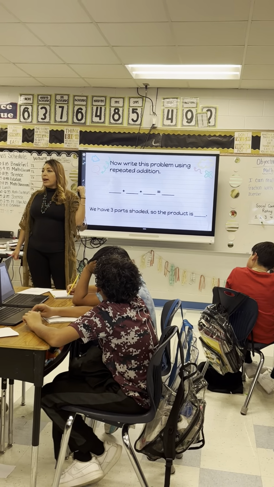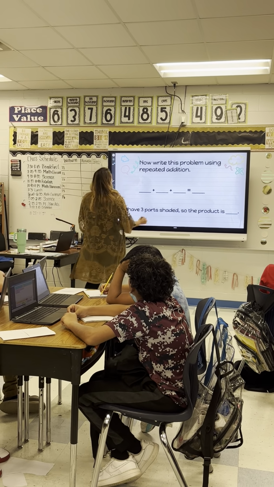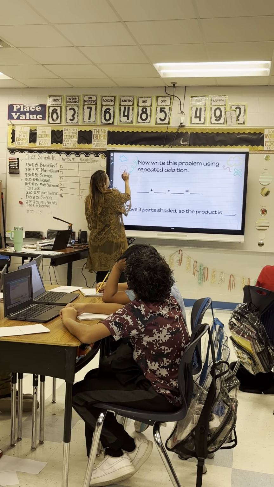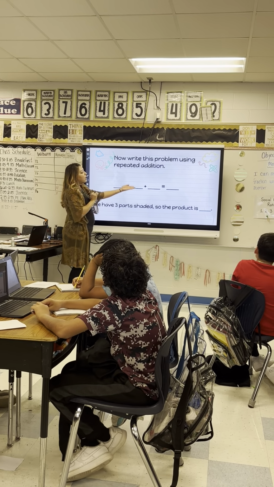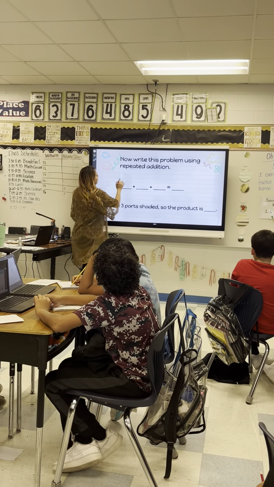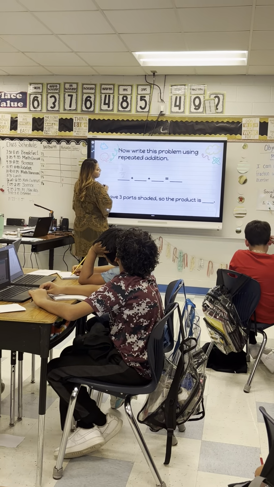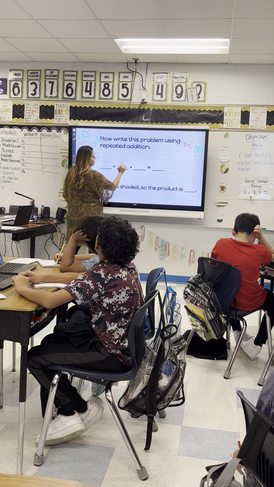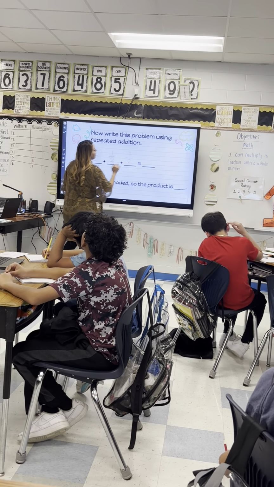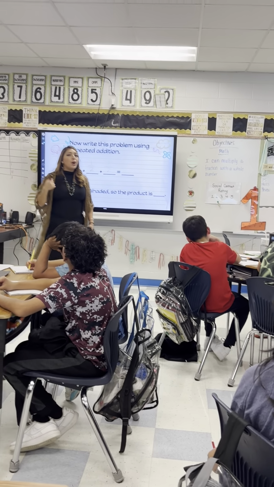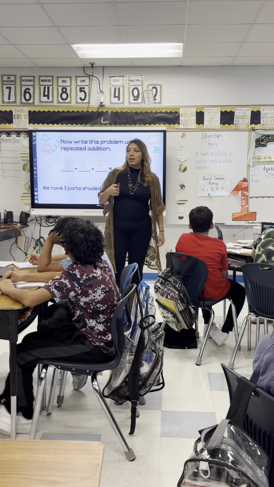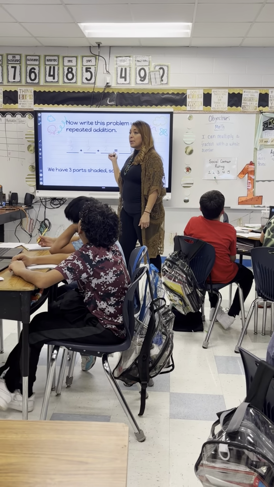Same thing with fractions. Now, our problem said 3 times 1 half. What do I need to add? 1 half plus 1 half plus 1 half. Now, prior knowledge, you know how to add fractions with like denominators, yes?